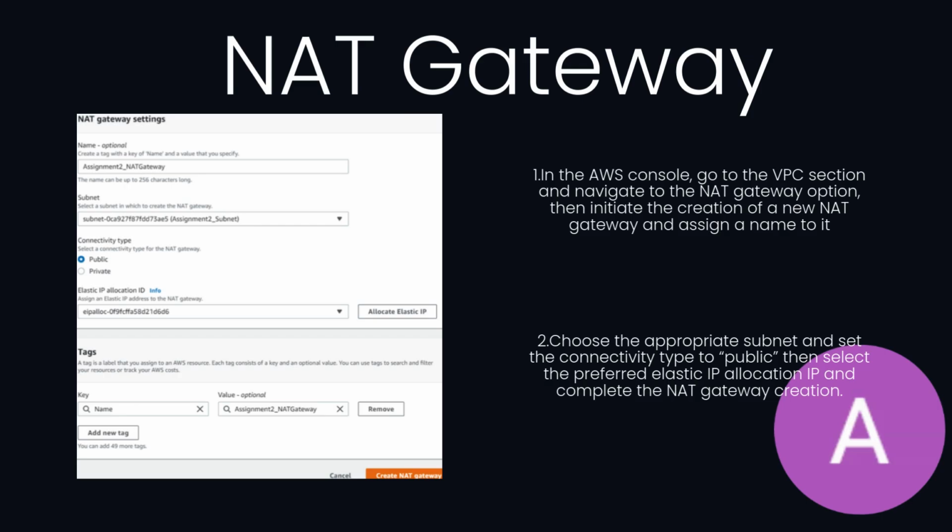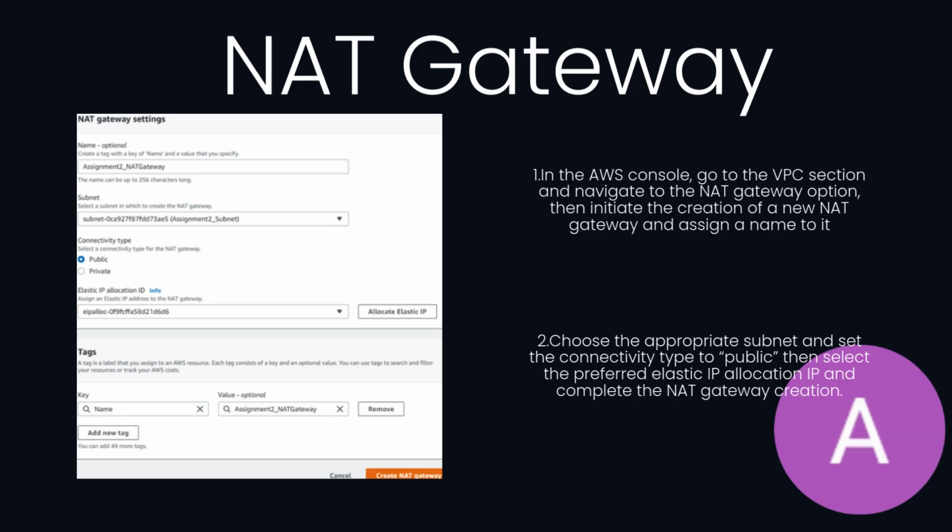Let's move on to the NAT gateway, which enables private subnets to access the internet while blocking incoming connections. And here's how to create a NAT gateway. First, navigate to the NAT gateway option in the VPC section. Click Create NAT gateway and assign a name.